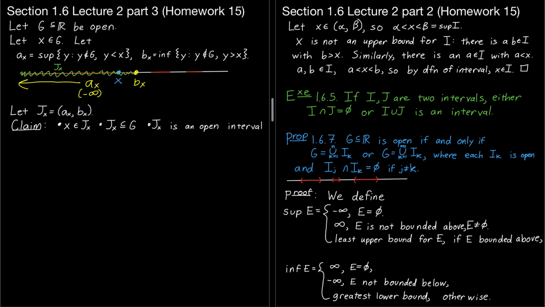Why don't I go ahead and say J sub X is an open interval. And the fourth thing is pretty straightforward, that J sub X is the largest set that satisfies the above three conditions.